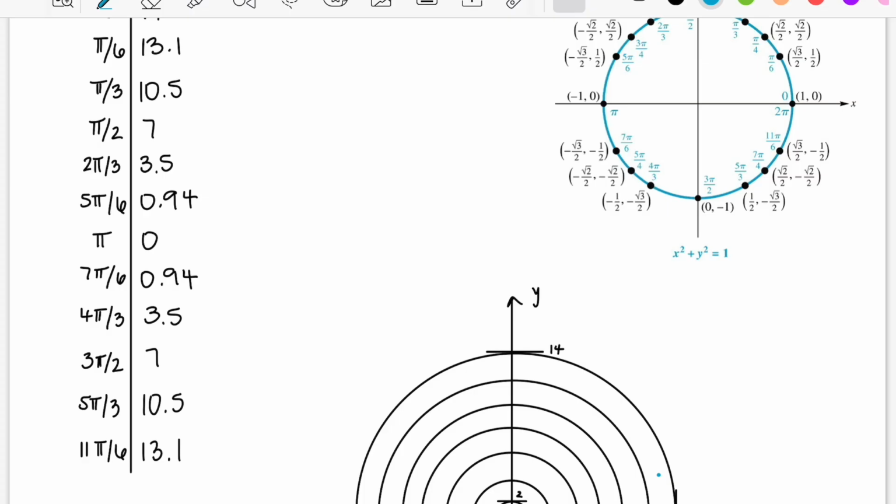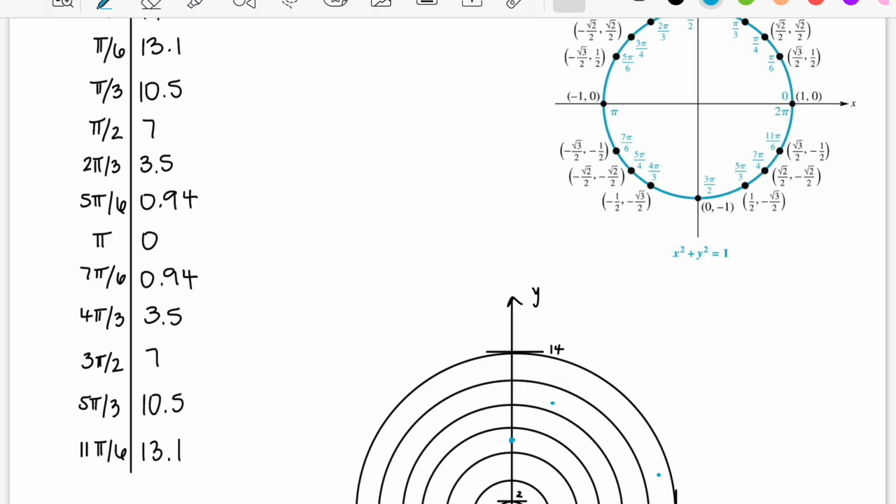Next point we have is pi over 3. So that ray is right about here. And this point will be 10.5. So 10 is right here. So 10.5 is maybe right around here. All right. Again, we have pi over 2. So we have pi over 2 comma 7. So that point will be right about here.